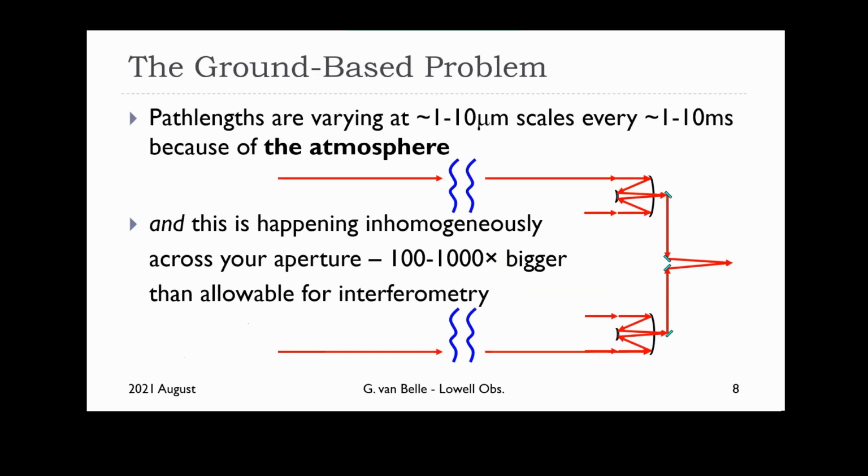And that's basically about a factor of 100 to 1,000 times bigger than you can allow if you're trying to control this path length condition and get interferometry to work. But nonetheless, if you can actually do all of your work within those 1 to 10 millisecond time slices and control path length and accommodate for these errors, you can actually still get things to work. Next slide.